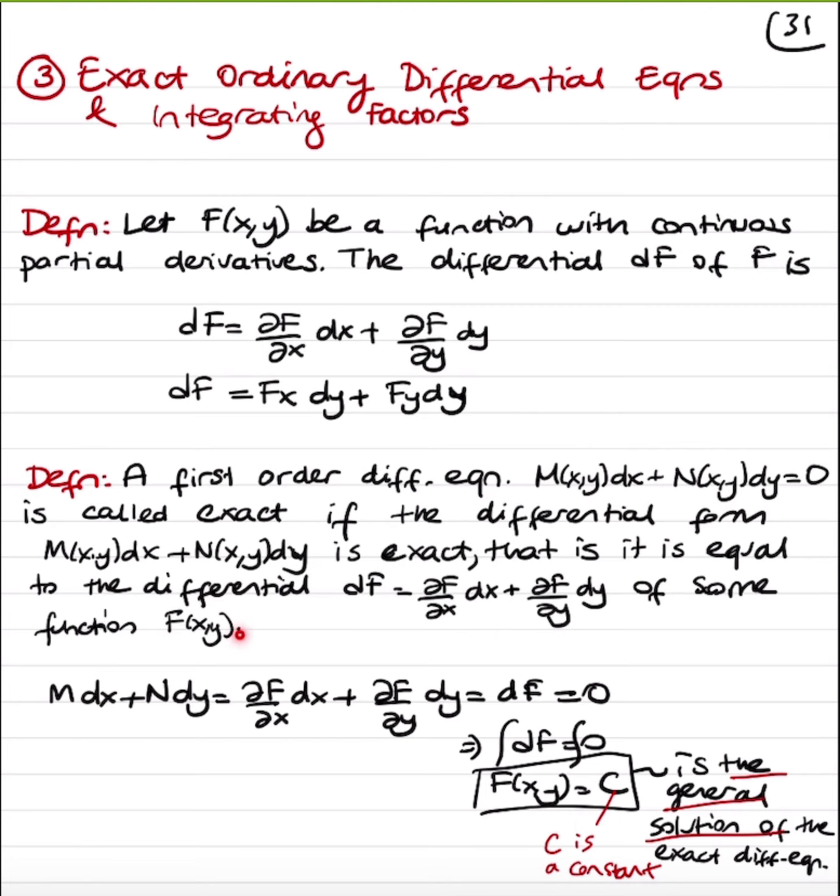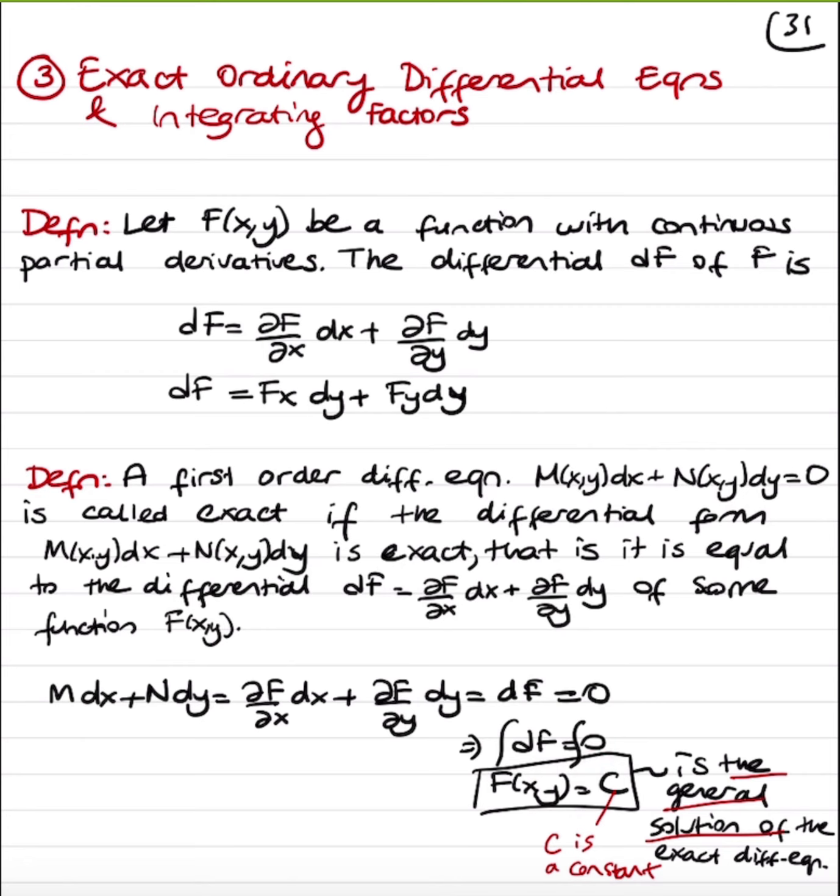This is really nice because if it is a differential of some function f, then we can write M dx plus N dy equal to this differential df, and it is equal to 0. Then we know how to solve this kind of differential equation. We just integrate, right?